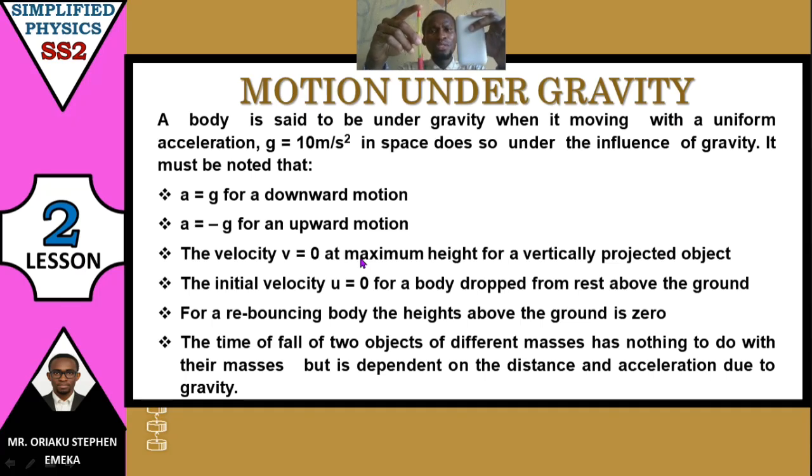But based on the experiment performed by Galileo, irrespective of their masses, provided there is no air resistance, that is to say the experiment was performed in a vacuum, if you drop these two objects at the same time, both of them will hit the ground at the same time. The reason is that mass does not have any influence on motion. So mass is not dependent on motion. That is what Galileo says.